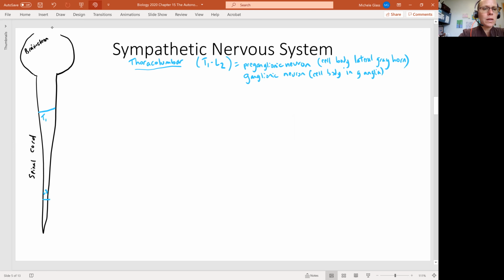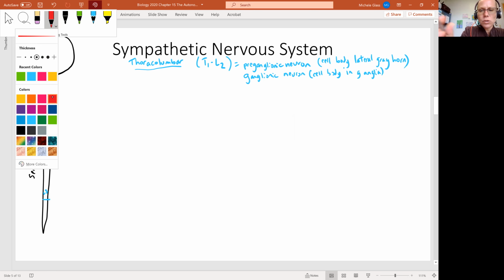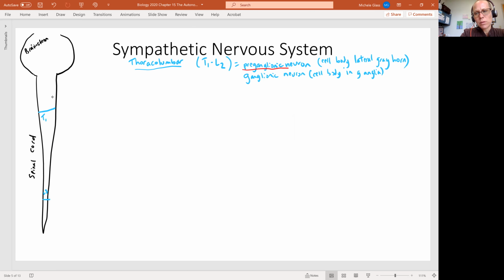That might help you to understand that a little bit better in your reading. All right, so let's use the color red to represent our preganglionic neuron. What I actually do here is draw a multipolar motor neuron, and I'm just going to simplify it by putting the cell body in that region T1 to L2. I'm just doing a circle with the nucleus in the middle to represent that. And then I'm going to draw my axon, and I'm making it short.